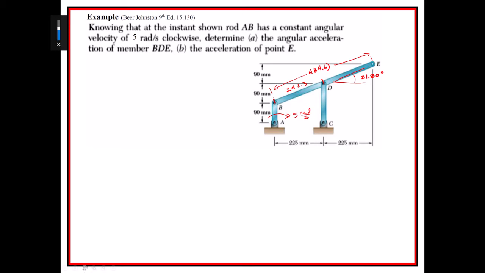So I start from the beginning. I do a velocity and acceleration analysis of link AB. I'll leave out some of the in-between steps, but we find that VB is simply going to be 5 radians per second times 90 millimeters, so we get 450 millimeters per second.